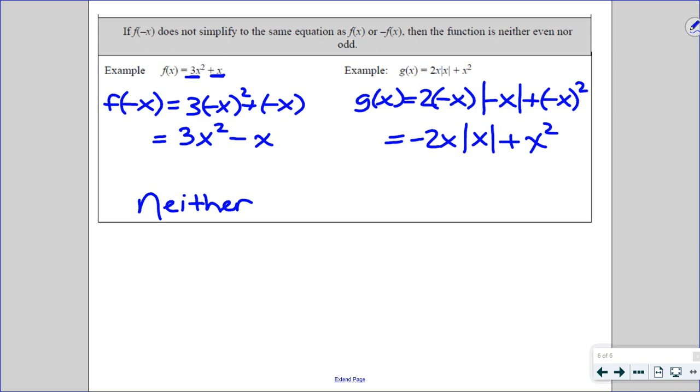And so again, if I compare to the original, I can see that the sign of the first term changed, but the sign of the second term stayed the same. So we didn't work back to the original, and the sign of all the terms did not change. Okay, so again, this function would be neither even nor odd.